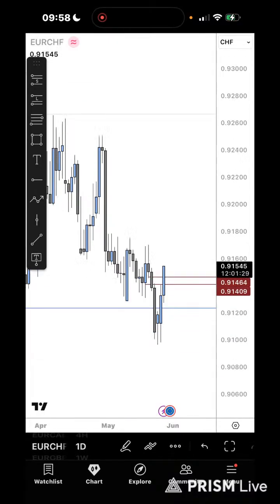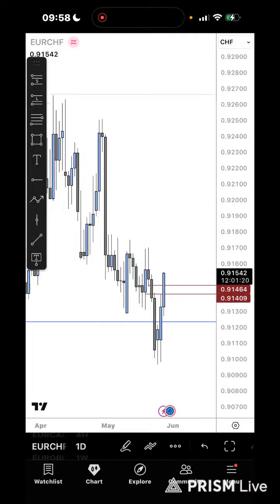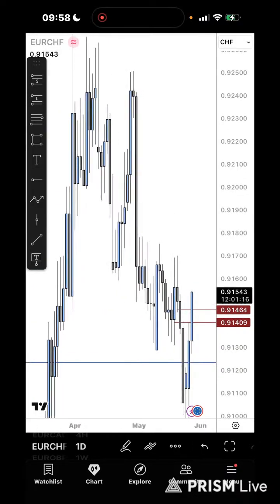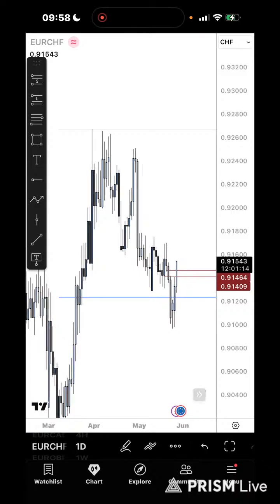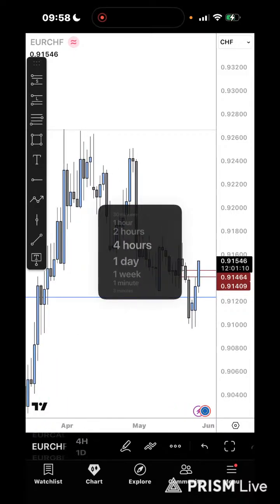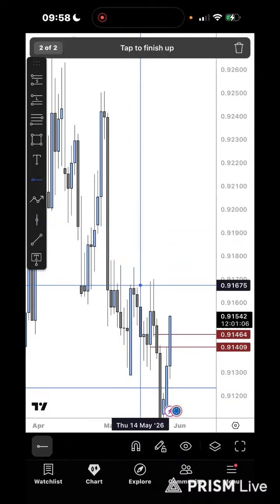But it's completely filled it and we're in a premium as well. That's why I'm more inclined to a sell idea here. But now that price is closed above it, that idea may be invalidated. So it could be going for liquidity. To be fair, is that equal highs?